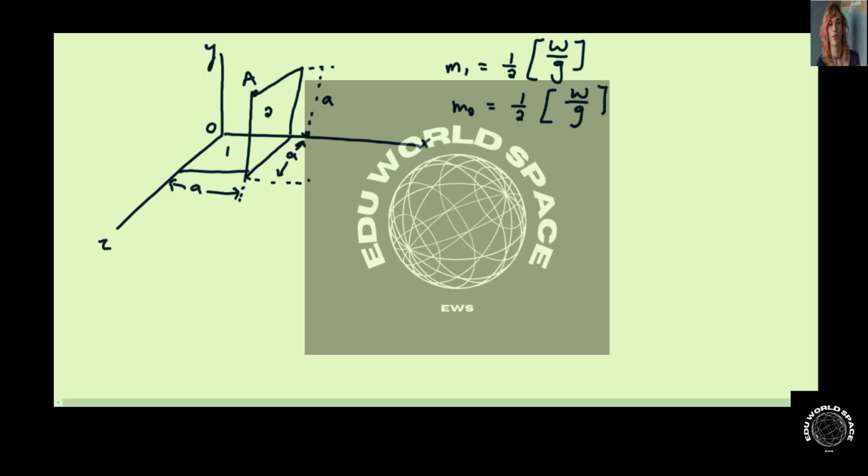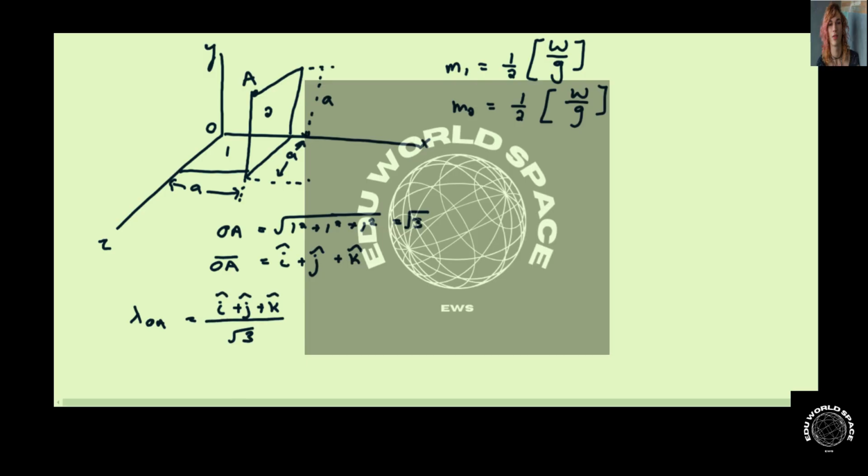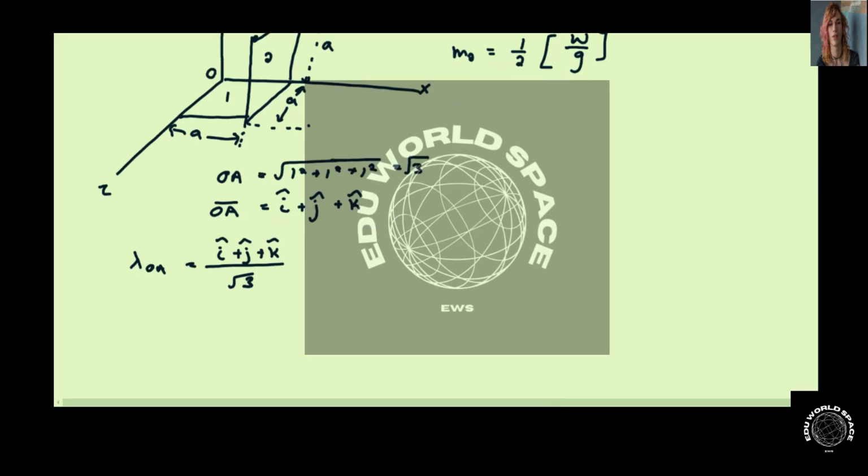And now we can find OA, which is going to be 1 squared plus 1 squared plus 1 squared, which equals 3. And your OA vector is just going to be i hat plus j hat plus k hat. So your unit vector of OA is just going to be i plus j plus k over root 3. Okay, so we're going to scroll down.